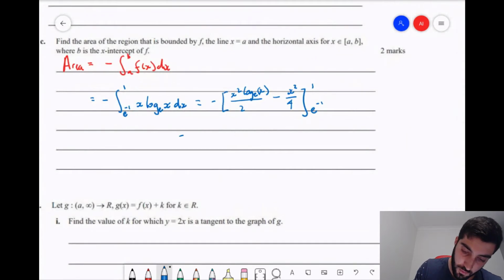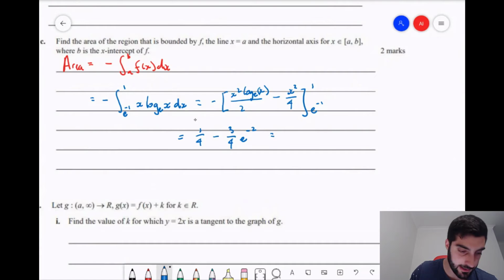Once you do that, you should get, I got, my first answer was minus 1 on 4 minus 3 on 4 e to the minus 2. And then what I did is I brought everything over the same denominator, so multiplied everything by e squared. And then doing that, we'll have e squared minus 3 all over 4 e squared.